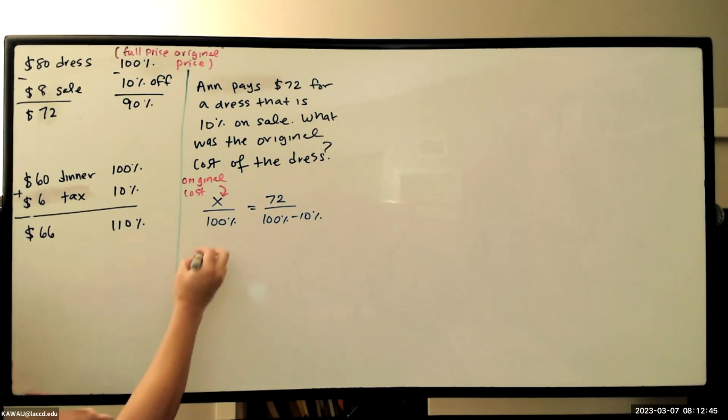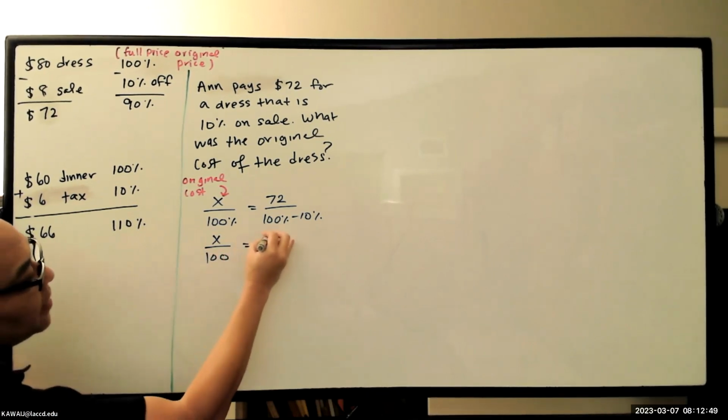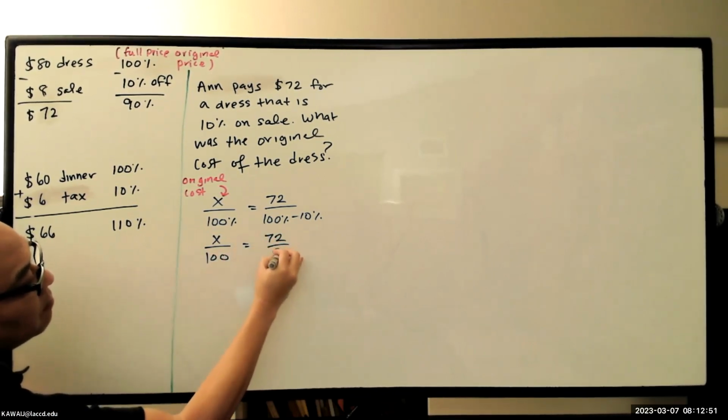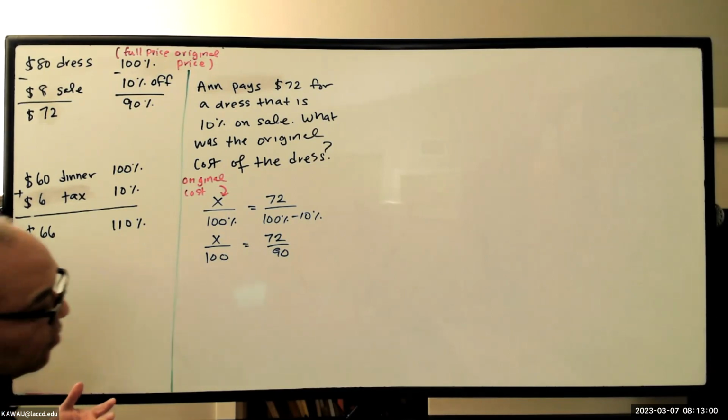Now, if you want, you can turn these into decimals, or you could just drop the percent on both sides. And then we can do cross multiplication.